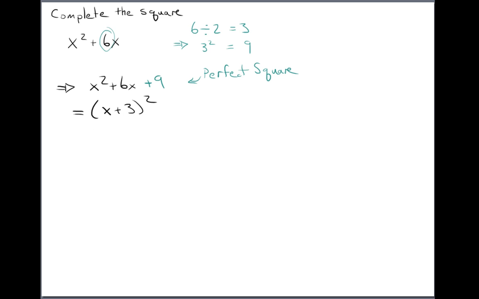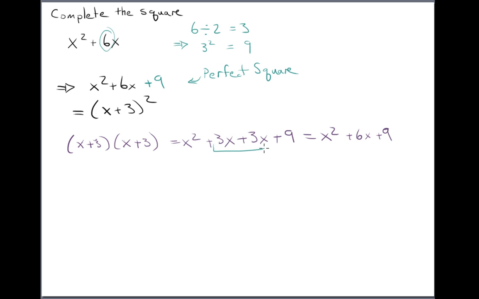And we can check it just by foiling it out. x plus 3 times x plus 3, x times x is x squared, and then plus 3x plus 3x plus 3 times 3, 9. x squared plus 6x plus 9. Great. And this right here is why we divide by 2, because there's 2 terms.